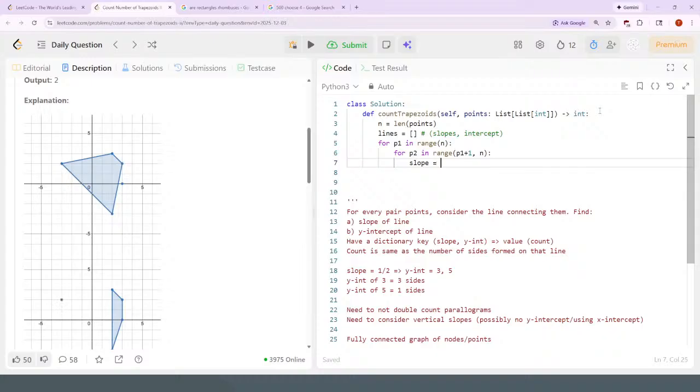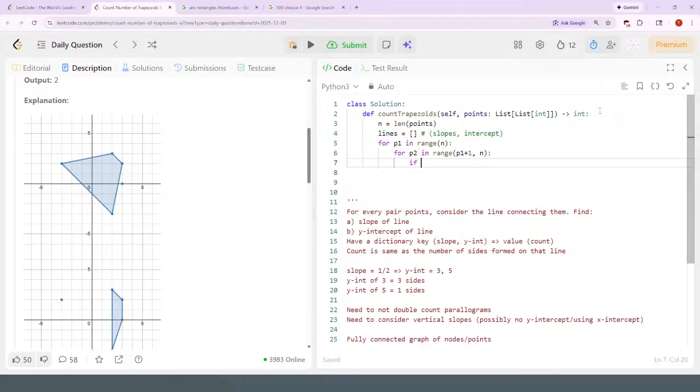I can do the edge case first. If we're dealing with a vertical line, then the x-coordinate should be the same, and the y-coordinate should be different.